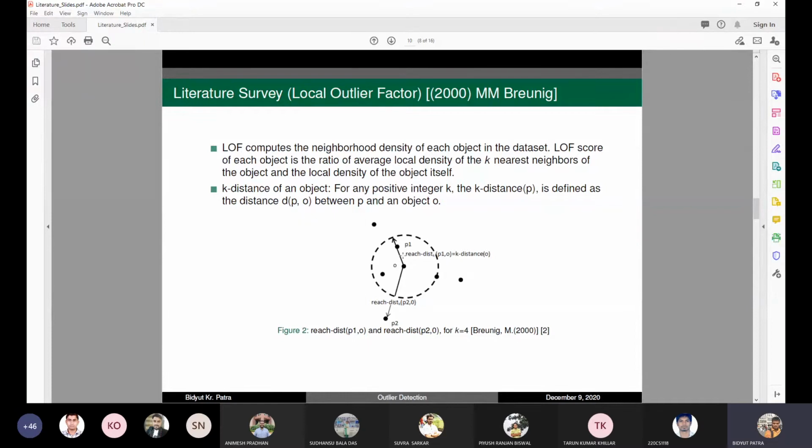What is the k dist of the point P1 with respect to the point O? First you have to compute the k nearest neighbors of the point O. Once you compute them, you compute the k dist of the point O.